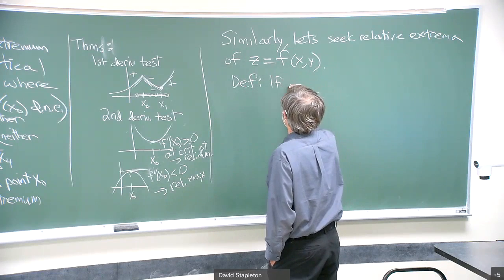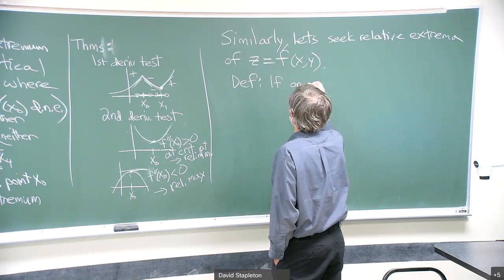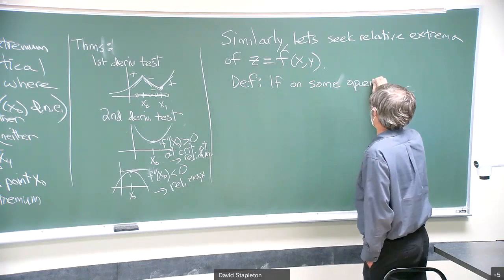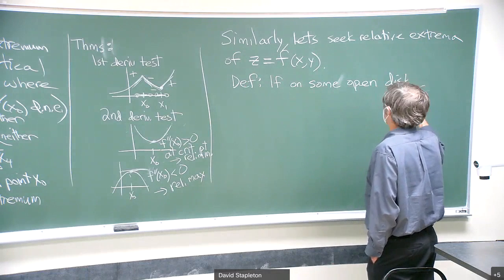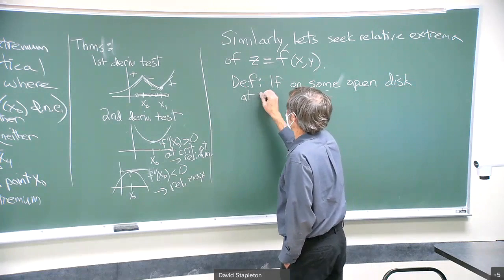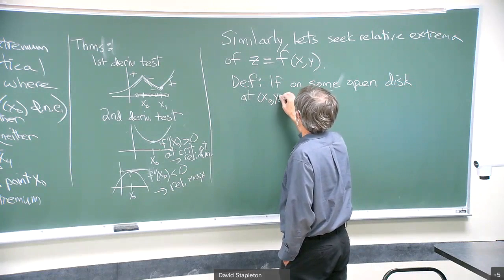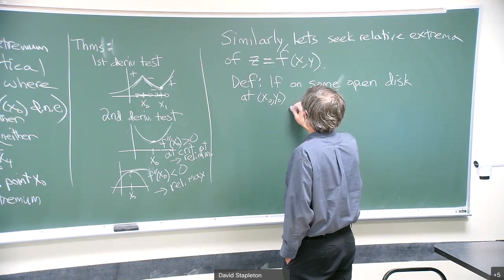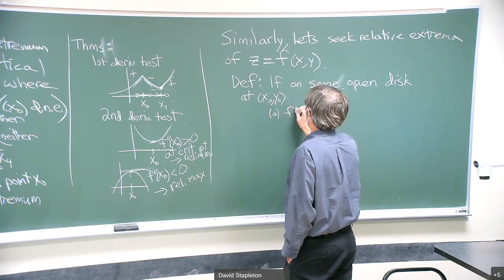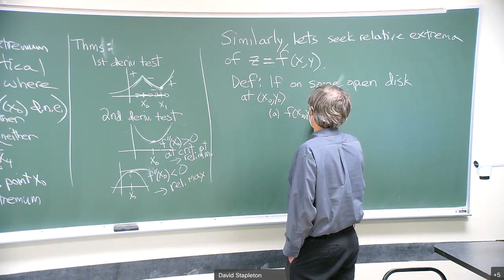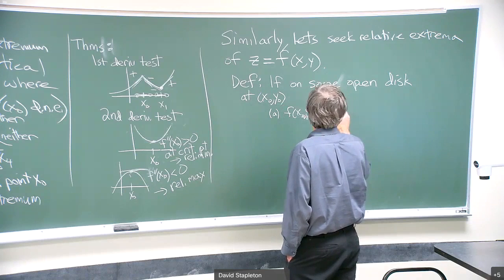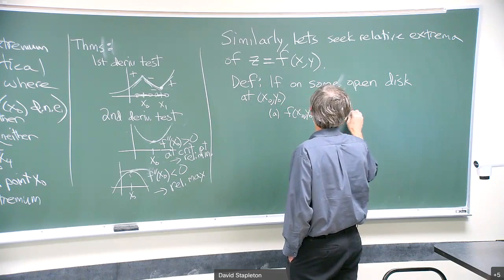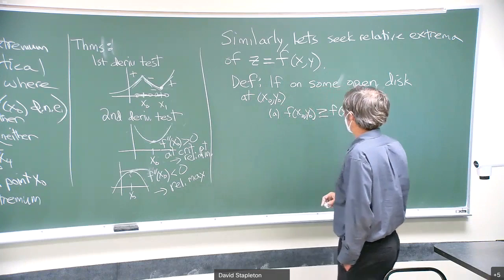If on some open disk instead of an open interval at a point x0, y0, f of x0, y0 is bigger than or equal to f of x y. Then what should we conclude?